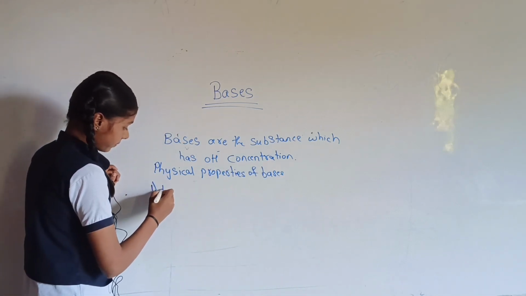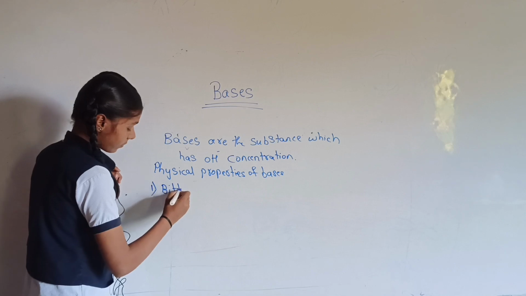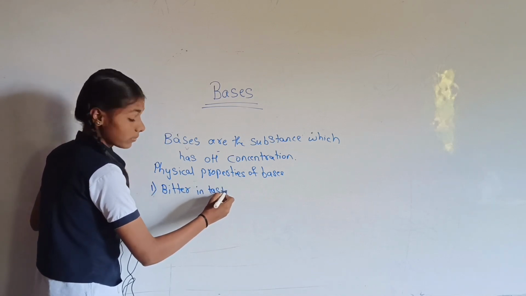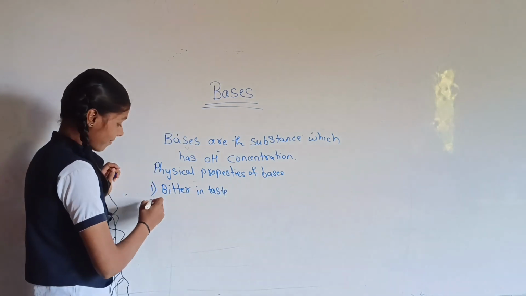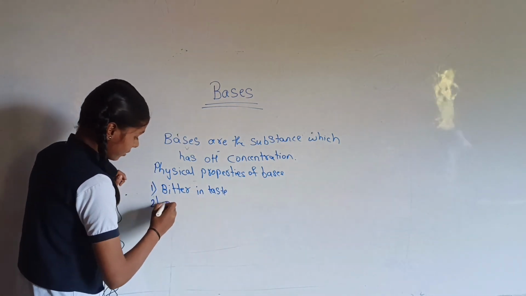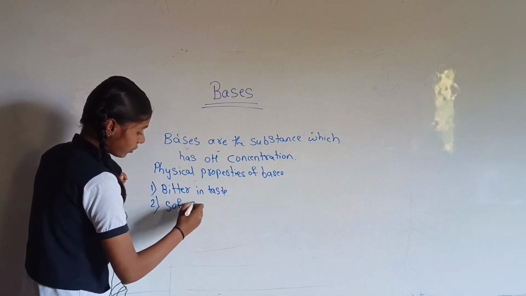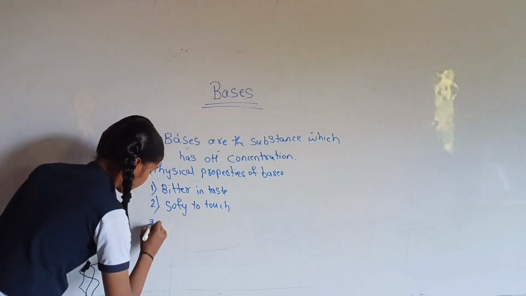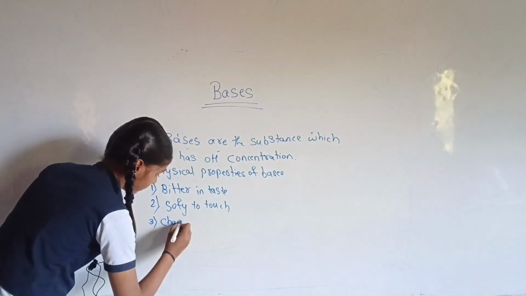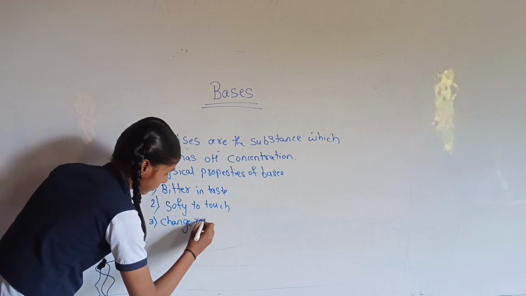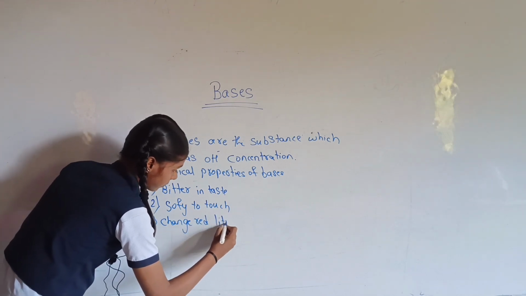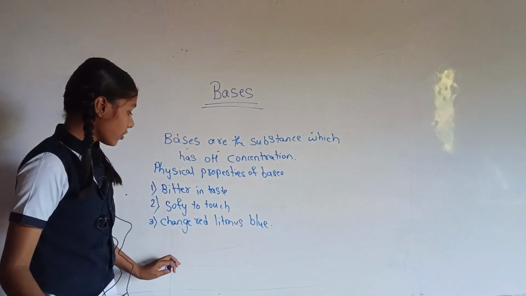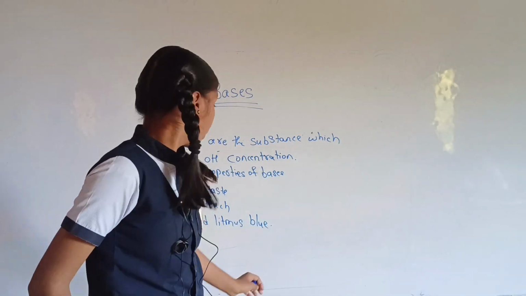First, bitter in taste, soft to touch, and it changes red litmus paper to blue.